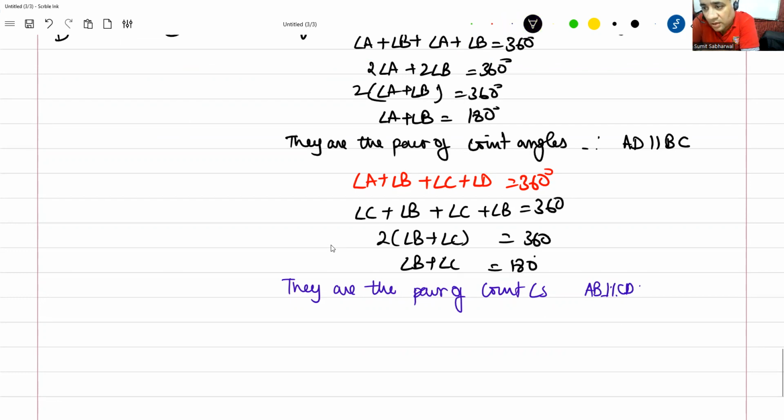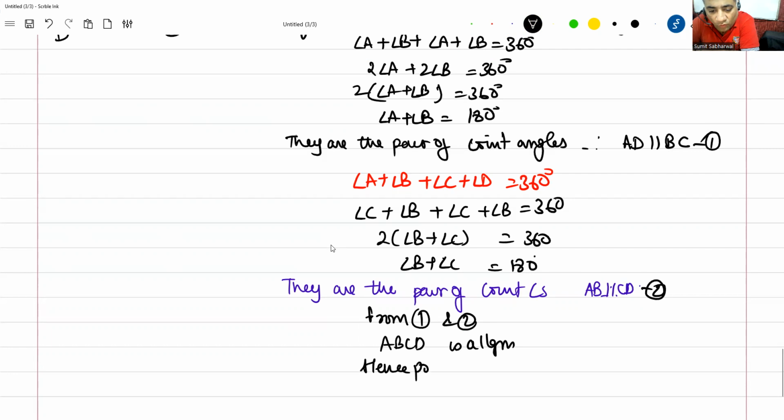So from equation 1 and equation 2, we can say that ABCD is a parallelogram. Hence proved. I hope this part is absolutely clear and all the theorems that we have done before are clear. The leftover theorems we'll be doing in the next video. Kindly just go through them and try to do it by yourself, right?